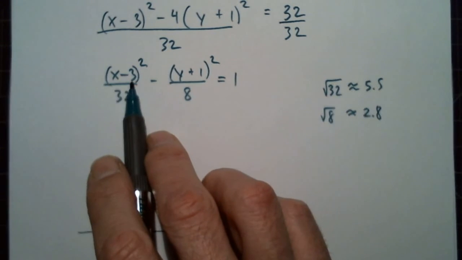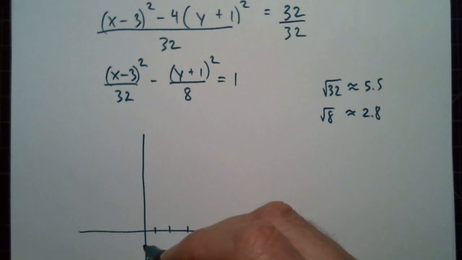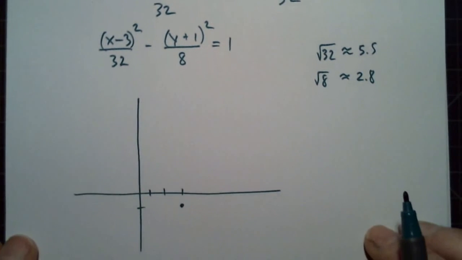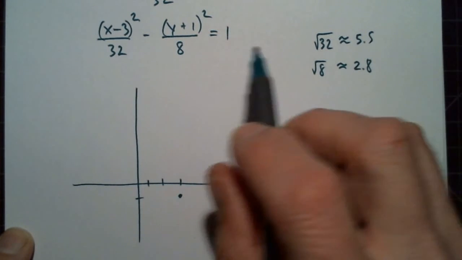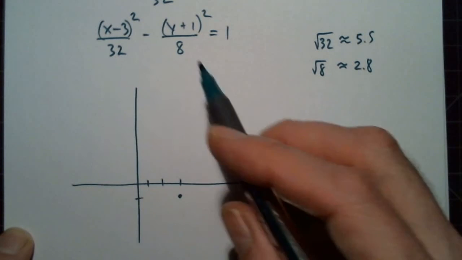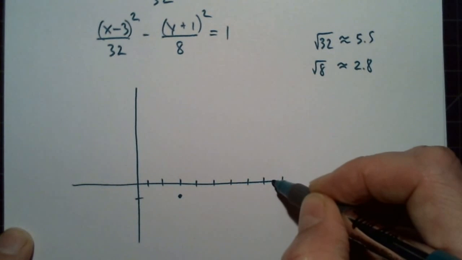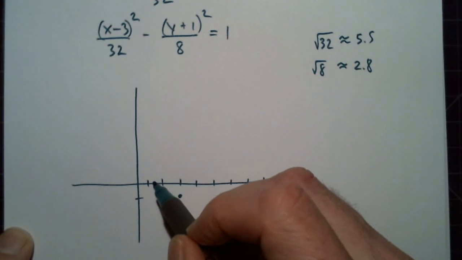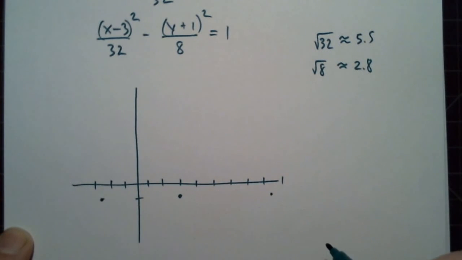Alright, we have to move to the right 3, down 1, for the center, and then we're going to move 5.5 horizontally. 1, 2, 3, 4, 5.5. 1, 2, 3, 4, 5.5.